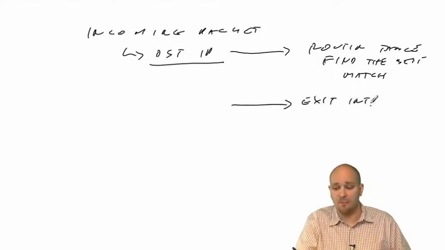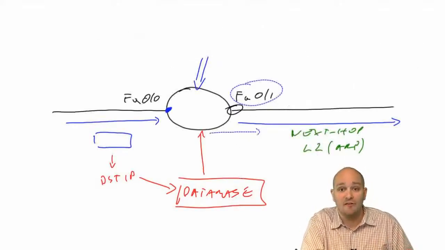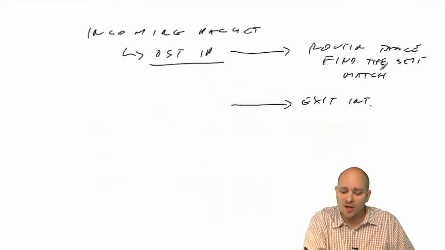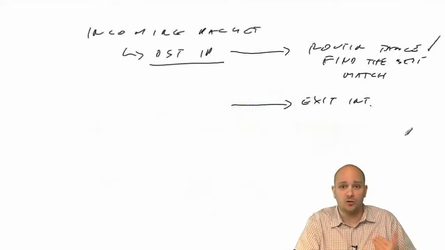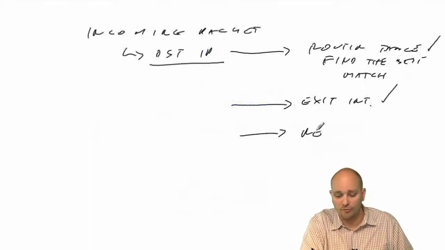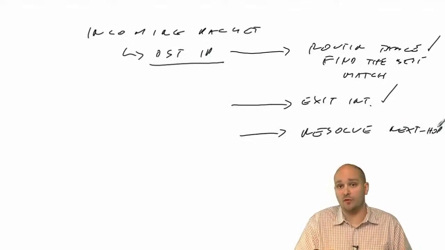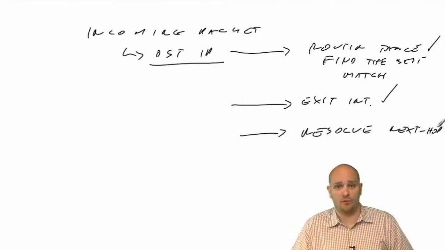Exit interface is simply the interface where we need to send the traffic. In our case, this is going to be FastEthernet 0/1. So once we have the route, once we have the exit interface, we had to resolve the next hop information. In other words, we have to figure out what is the next hop for this route.